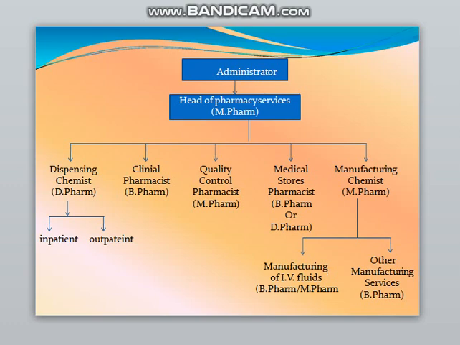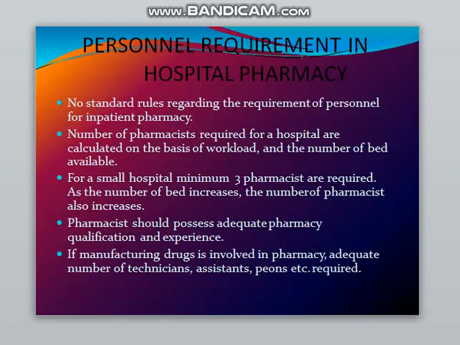Now, the number of standards or rules regarding the requirement of persons for the inpatient pharmacy. There are no standard rules for the number of persons for the inpatient pharmacy, and the number of pharmacists required for a hospital is calculated on the basis of the workload and the number of beds available.